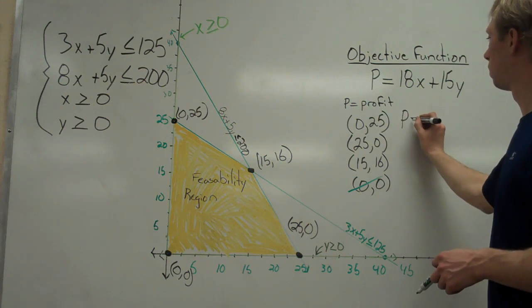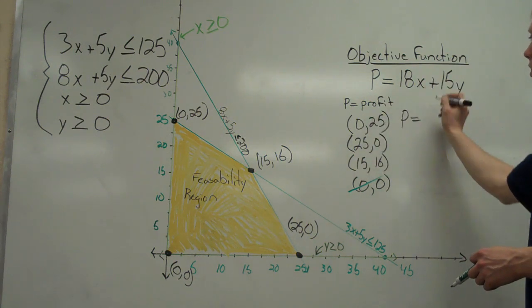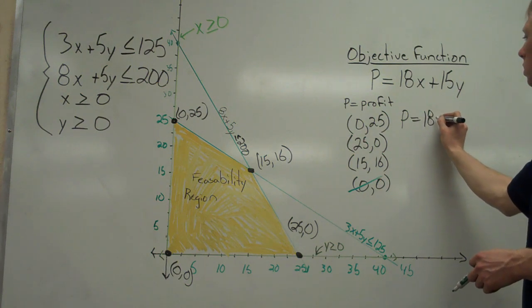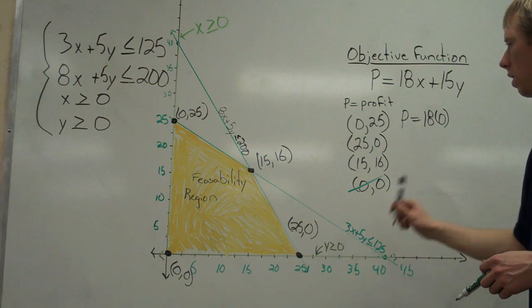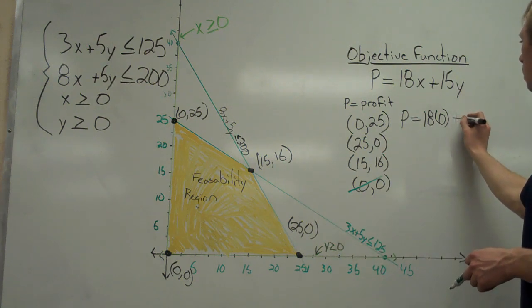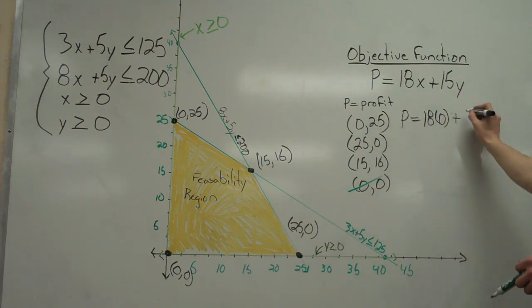In the first case, P would equal 18 times 0, because I'd be selling 0 of my x, plus 15 times 25.